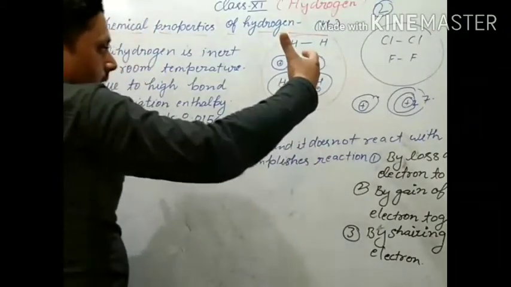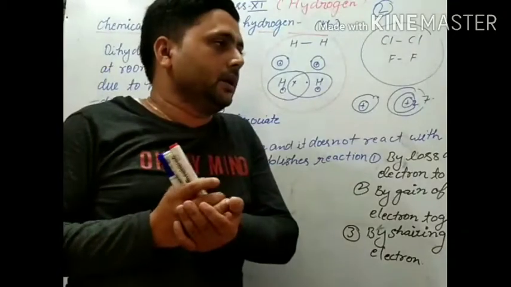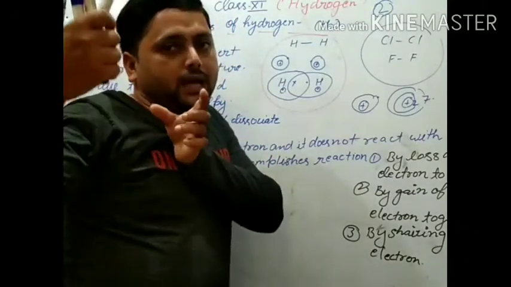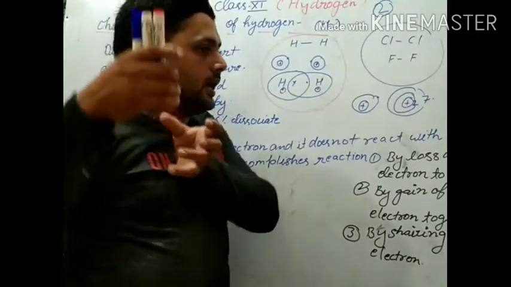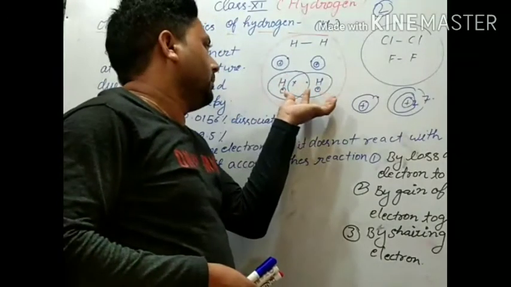Bond dissociation enthalpy depends directly on the distance of the nucleus from the electron. As the electron is closer to the nucleus, it is attracted more strongly and the bond dissociation enthalpy will be higher.